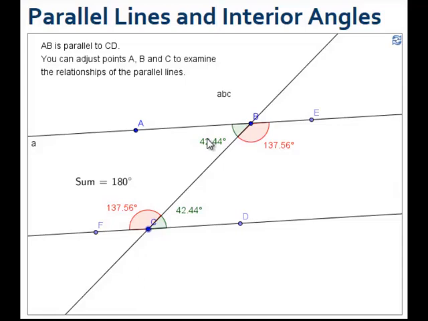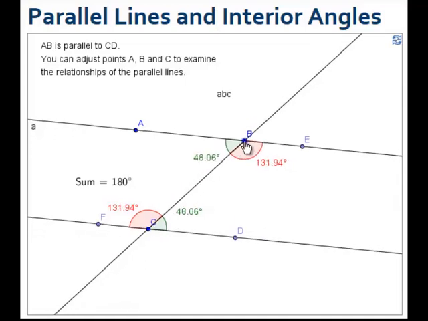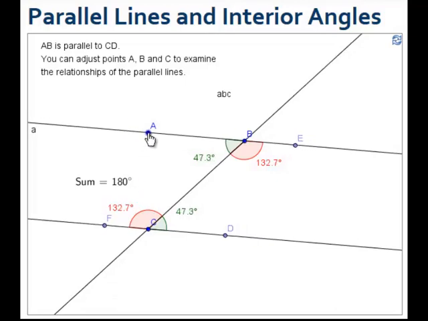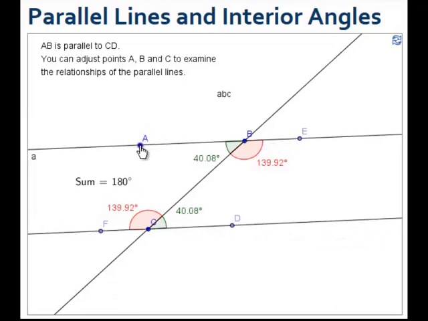Now there's another relationship we want to look at, which are the same side angles. Same side means I have to be on the same side of the transversal. I'm making the transversal dark here, as you can see. So if I'm on the left here and on the inside, you can see that when I add both of these angles together, they add up to 180 degrees.